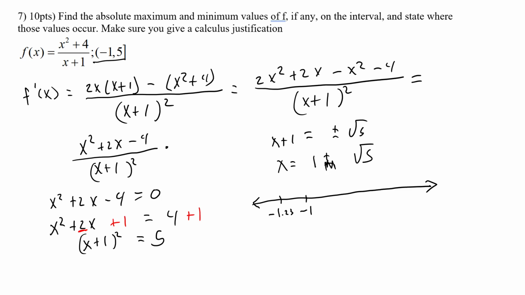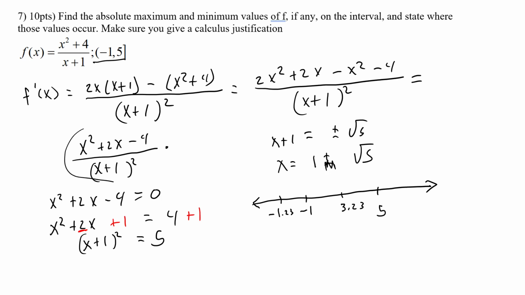Again, that's outside the interval that we're looking in. And then over here we get 1 plus the square root of 5, 3.23, which is in the interval. So then we have the 3.23 over here. There we go. And we are ending this at 5.